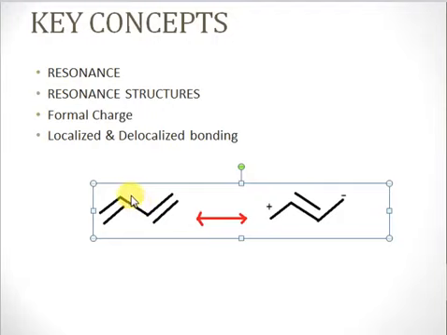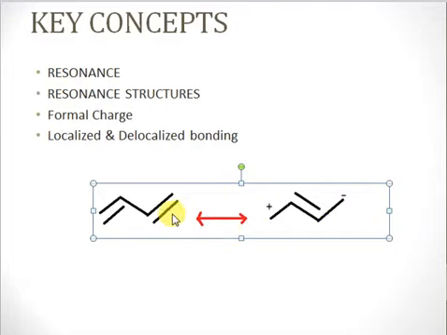So instead of drawing one simple structure to explain the structure of butadiene, we make use of 2 structures. In the first structure we have double bonds between carbon 1, 2 and carbon 3, 4, and in another structure there is also a double bond between carbon 2 and carbon 3.